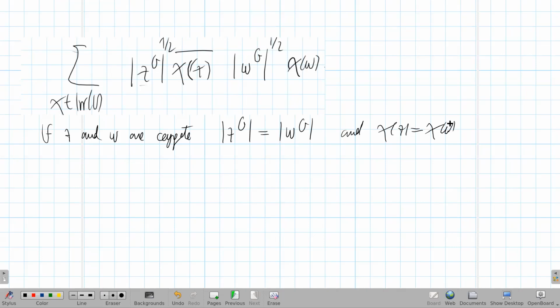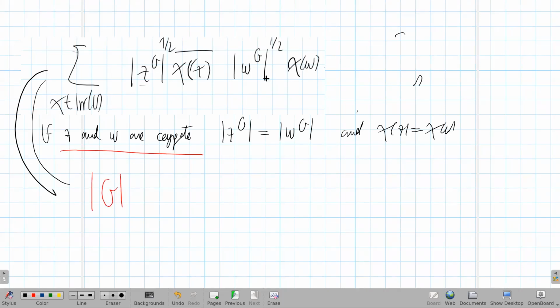So what we obtain is the sum over characters. So if Z and W are conjugate, this will be the order of G, then this we can take outside. Just a second.